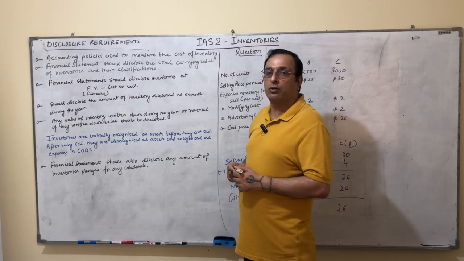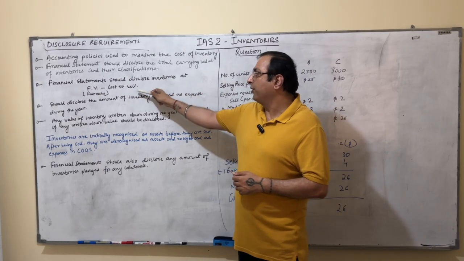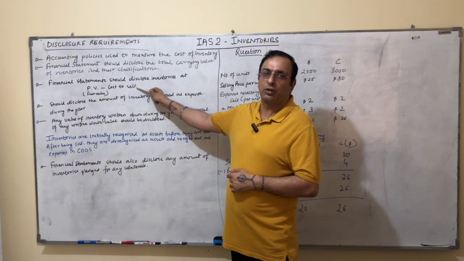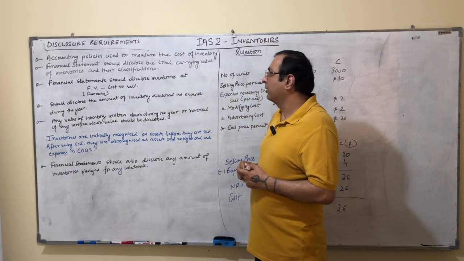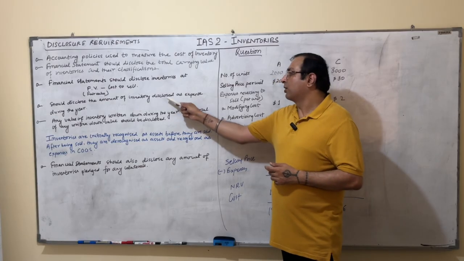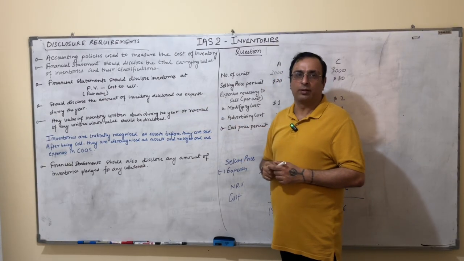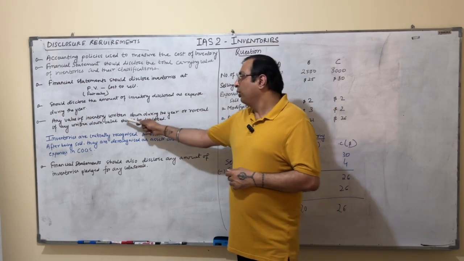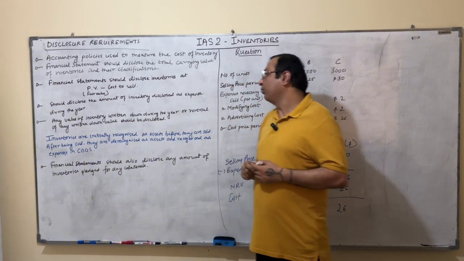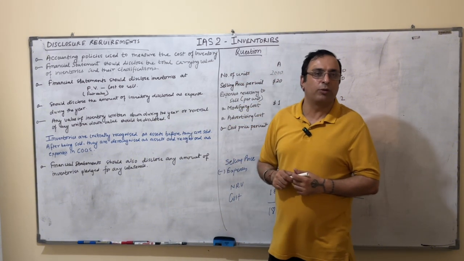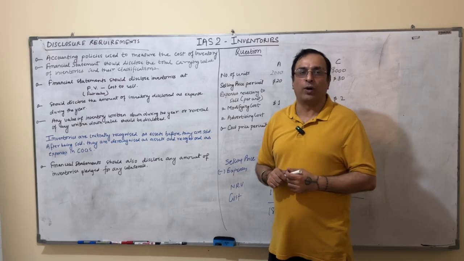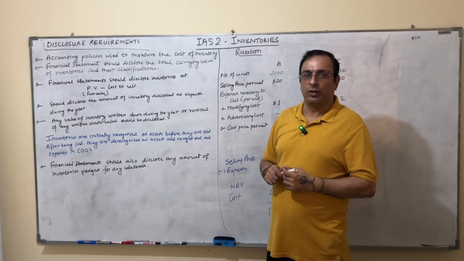Financial statements should disclose inventories at fair value minus cost to sell. It should disclose the amount of inventory recognized as expense during the year. Any value of inventory written down during the year or reversal of any written down value of inventory should be disclosed with the reason why we have written down the value of inventory.